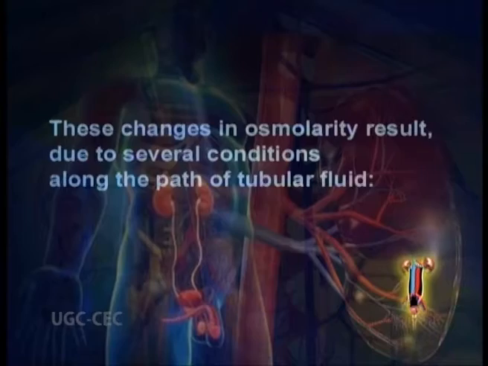When dilute urine is being formed, the osmolarity of the fluid in the tubular lumen increases as it flows down the descending limb of loop of Henle. The osmolarity then decreases as it flows up the ascending limb and the rest of the nephron and collecting duct. These changes in osmolarity result from several conditions along the path of tubular fluid.